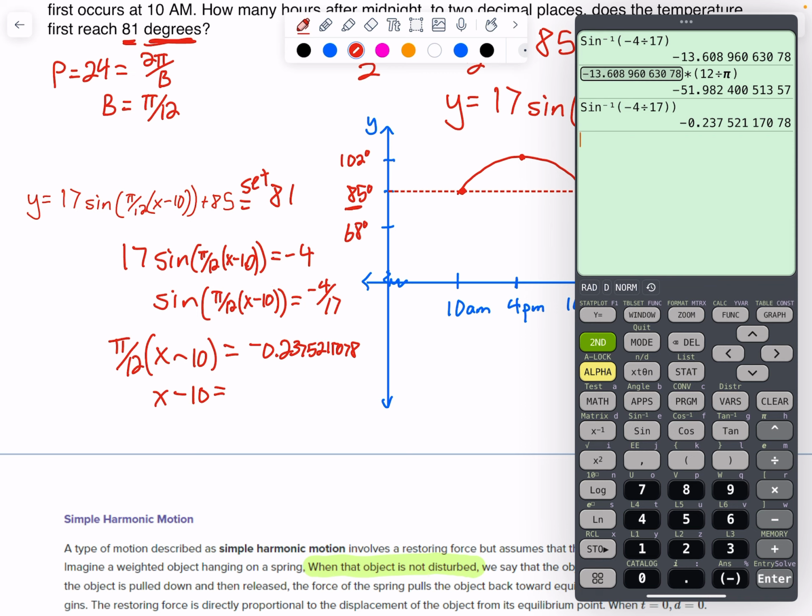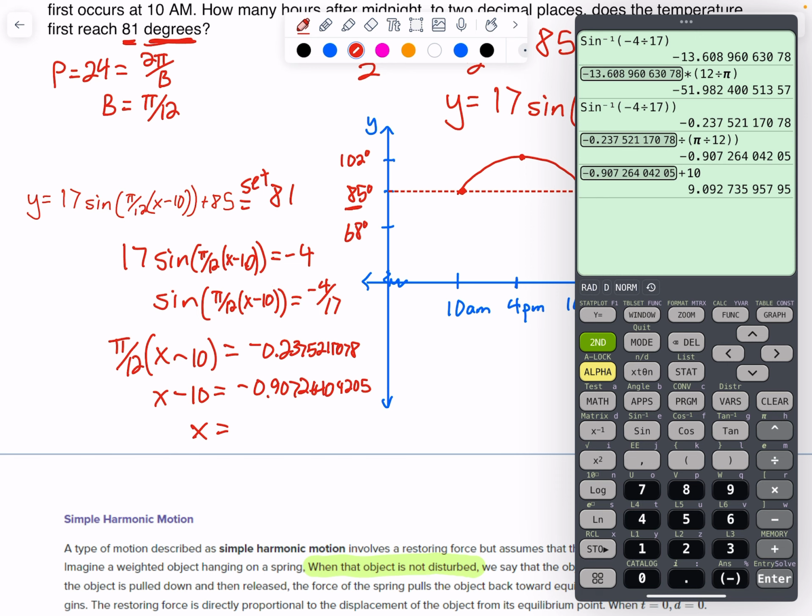And then we're going to divide that by pi over 12. And we got negative 0.90726404205. And we got x equals, and I'm just going to add 10 to that. So it's 9.09 is what x would be.